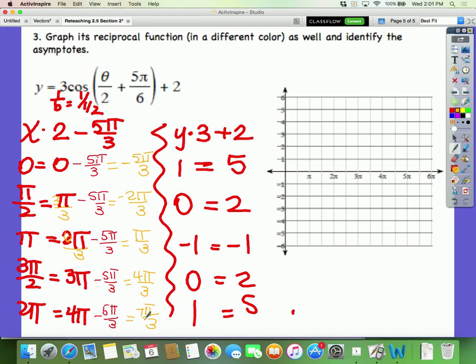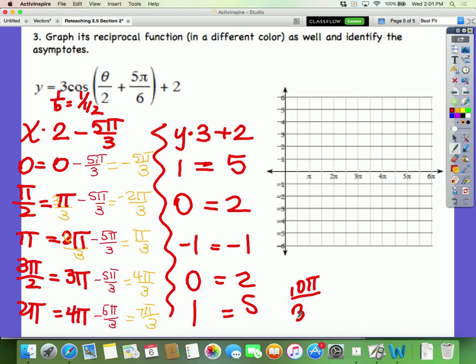So with that being said, my graph does not allow me to graph the negative 5 pi over 3 and the negative 2 pi over 3. So help me out. If I follow the same pattern, what is the next x value after 7 pi over 3? It's going to be 10 pi over 3.